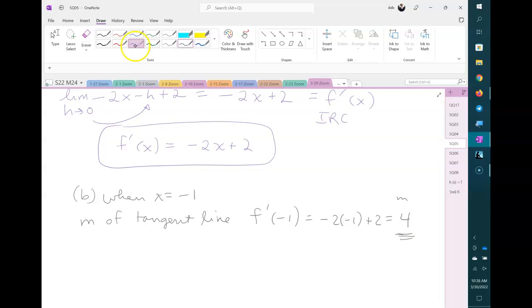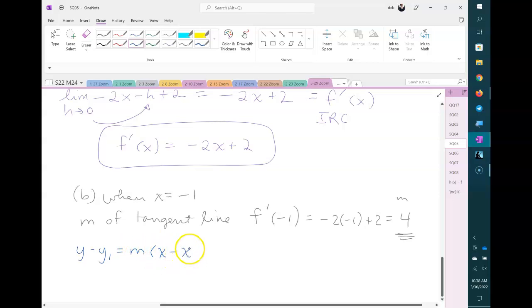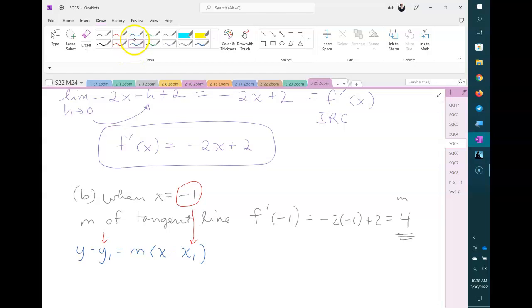Then I also need, I'm going to use the point slope form of the equation of a line. I'm going to have negative 1 be the x1, but then I need to know what's the y1 that goes with that. So I need to find f of negative 1.